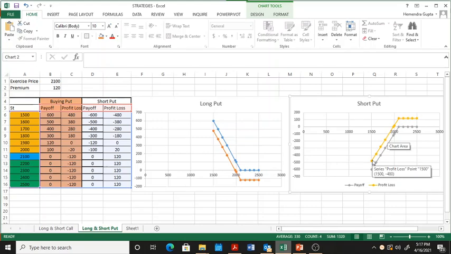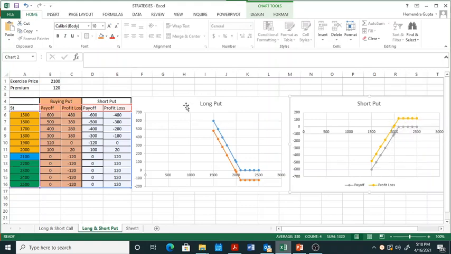The seller, the writer of a put, is of the opinion that the stock will not fall. The buyer of a put is of the opinion that the stock will fall. So the buyer of a put will gain when the asset price starts falling, and the seller of the put will gain when the asset price goes up, and the gain is limited to the premium which he has got.